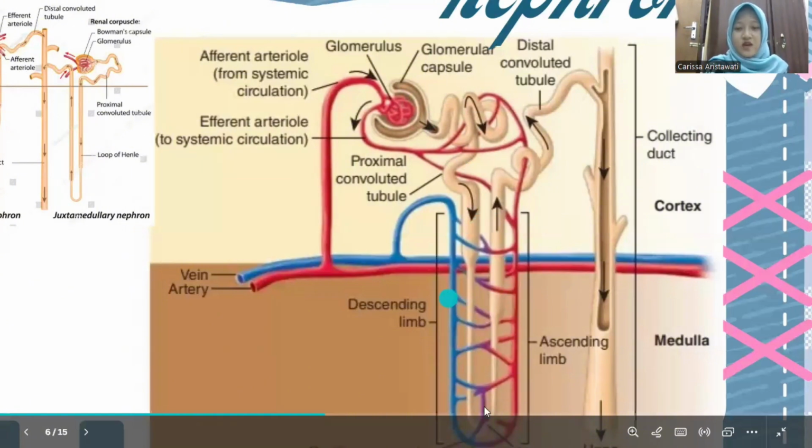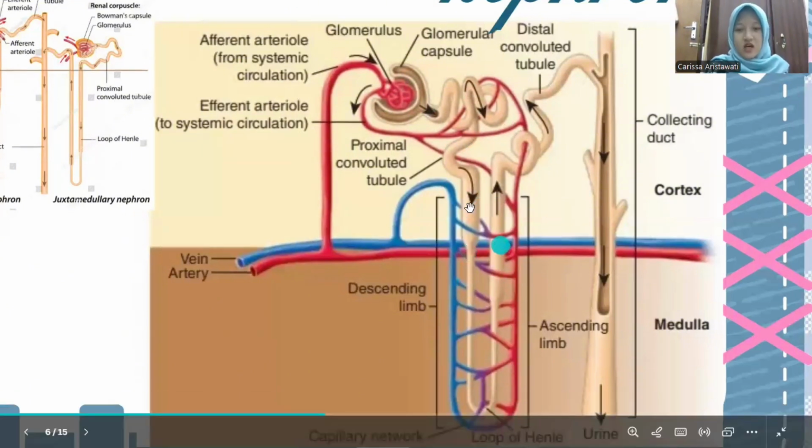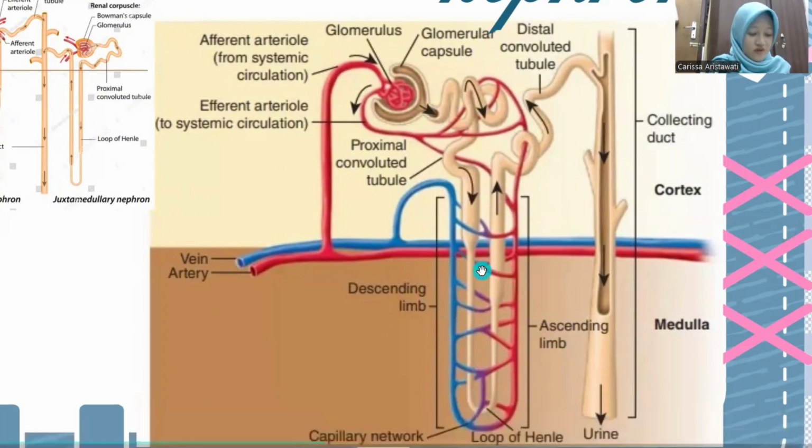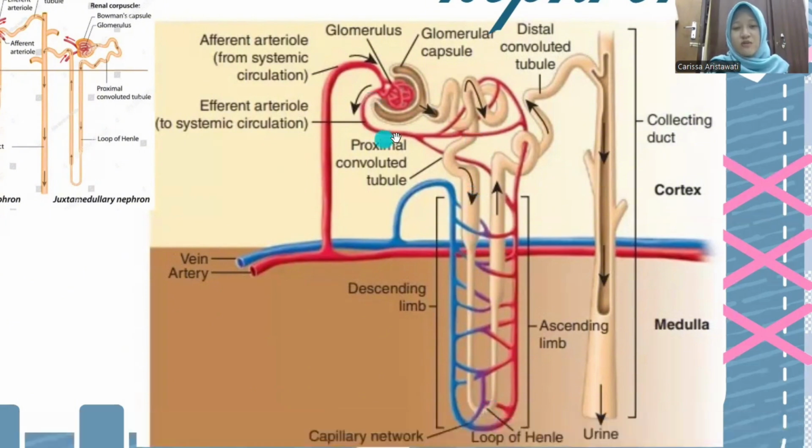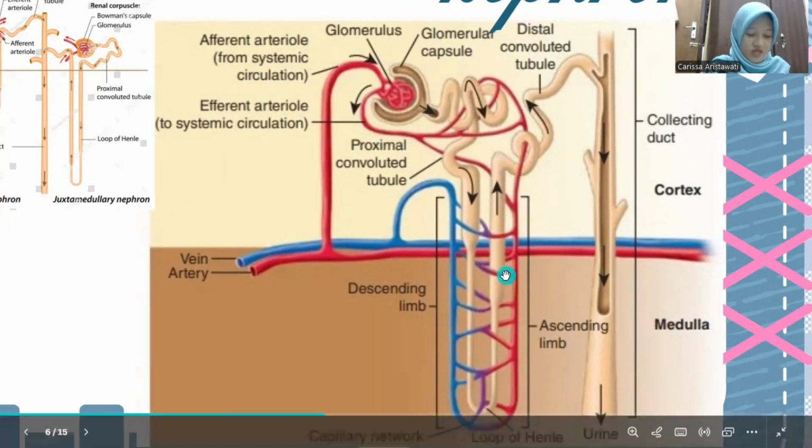In the loop of Henle, reabsorption occurs again, and the loop of Henle is surrounded by blood vessels called the vasa recta. So at the same time, the secondary urine travels into the loop of Henle, while the blood from the efferent arteriole moves to the peritubular capillary, and it moves down to the vasa recta.